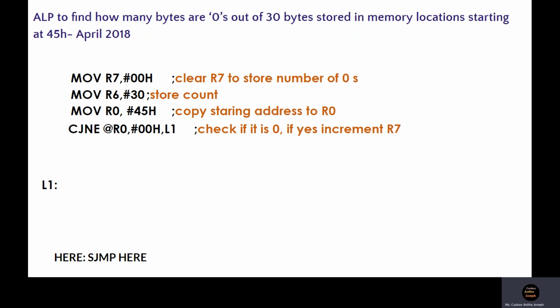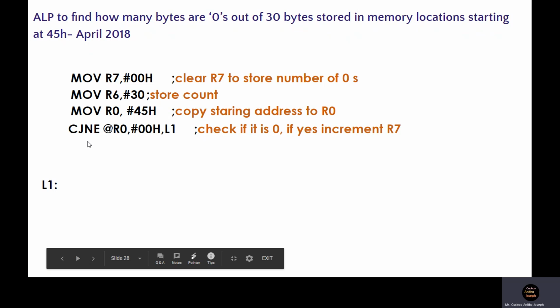So if the contents are unequal, that is, R0 contains an address and the content of that address will be compared with 00H, if they are unequal, we will come to L1. And if they are equal, what should be done? That is, if our element is equal to 0, we should increment R7.